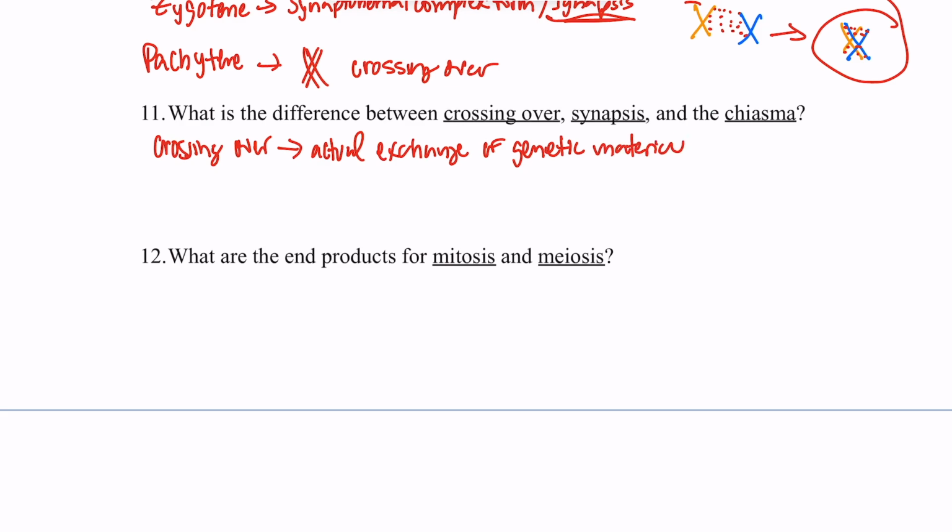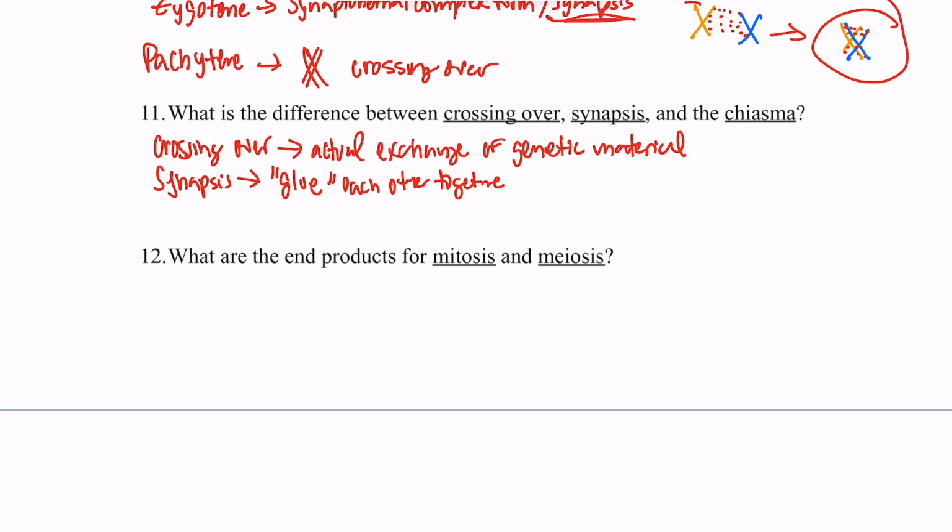And then synapsis is when the homologous chromosomes recognize each other and begin to align themselves along the lengths of each other. I like to think of it as they glue each other together. These chromosomes are going to glue each other together first with the synaptonemal complex, and then they're going to cross over and exchange genetic material. So synapsis happens first, then crossing over.